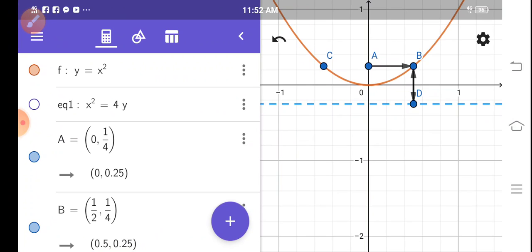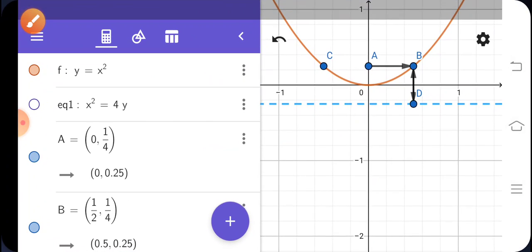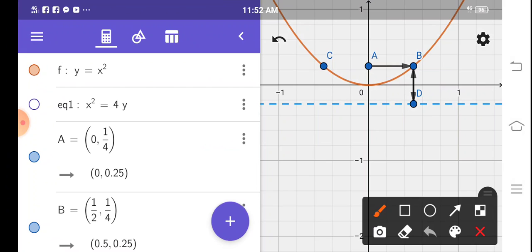Now, our equation, of course, is this one. y is equal to x squared. Again, our equation is y is equal to x squared.